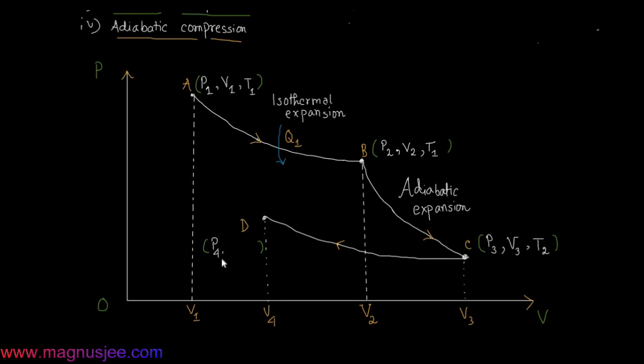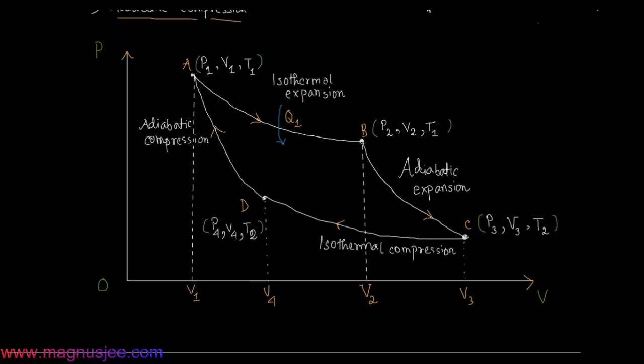In this case, temperature remains constant because the process is isothermal compression. And volume of the gas will decrease from V3 to V4, and this is isothermal compression. During this isothermal compression, the gas will reject Q2 amount of heat energy.